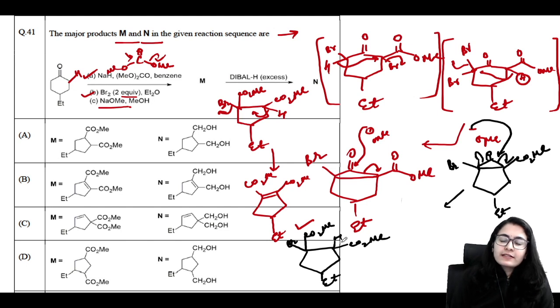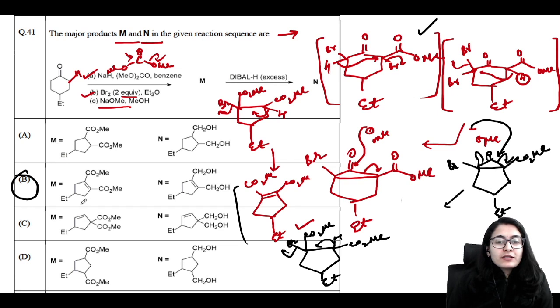Yes, so you are going to get the same product when you are getting any of these brominations, right? So we will consider this one. Now you eliminate the H and the Br, you are going to get this product which is present in option number B. So this is what you get through Favorsky rearrangement.